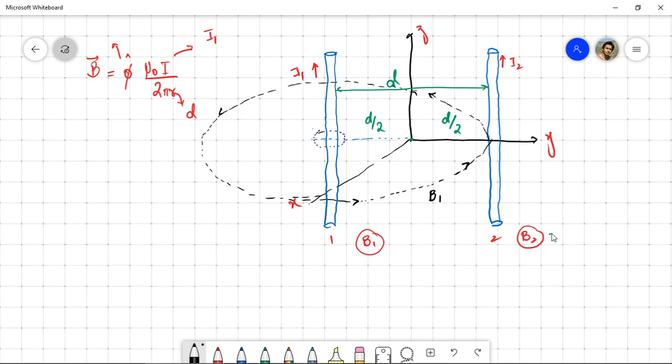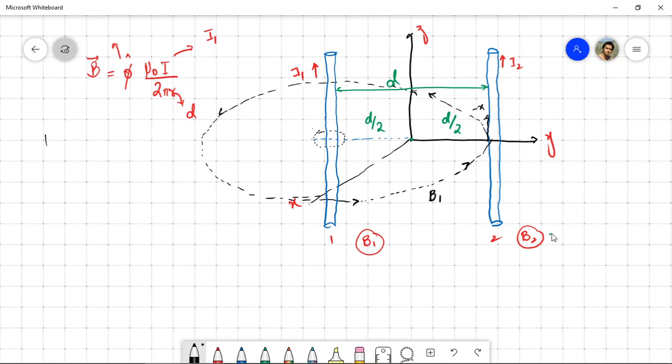Now because we want to know the value of B1 at this point, we'll need to express this phi hat for this point. At this point, if we want to represent the direction of B, it will be tangent to this point. So it will be in the minus x direction, because it is going into the screen.